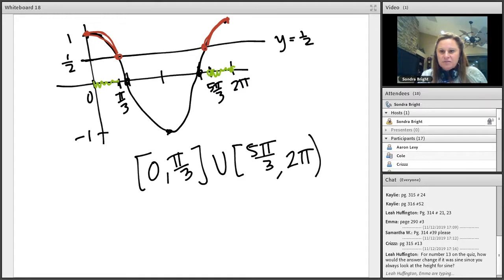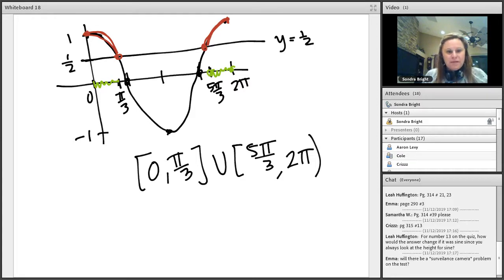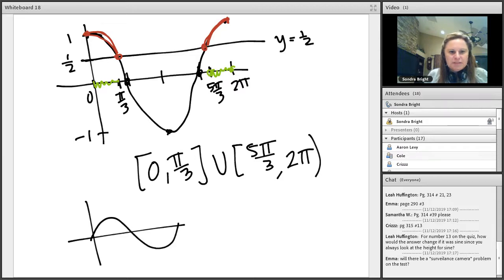How would the answer change if it was sine, since you always look at the height for sine? It would be much different, right? You're looking at the y values. So sine looks like this. And if you want just when sine is bigger than 1/2, it'll only be from here to here.